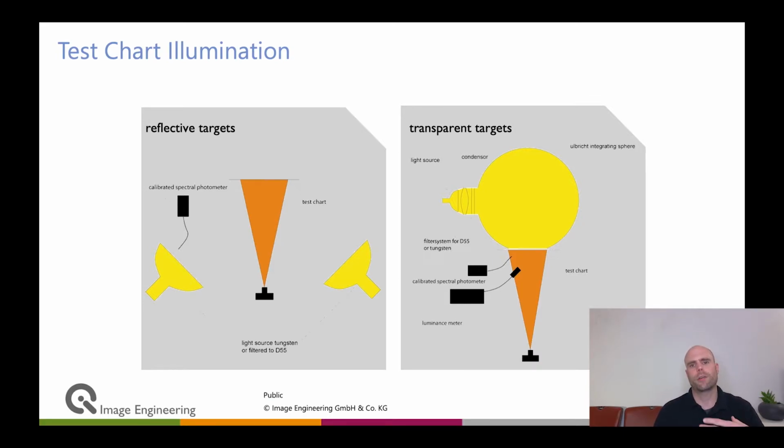So you need to have a transmissive test target. Transmissive test targets are back illuminated, so you need a light source that can do that, that will be uniform, back illuminates the test target, and then provides different luminances to the camera or to the device under test.